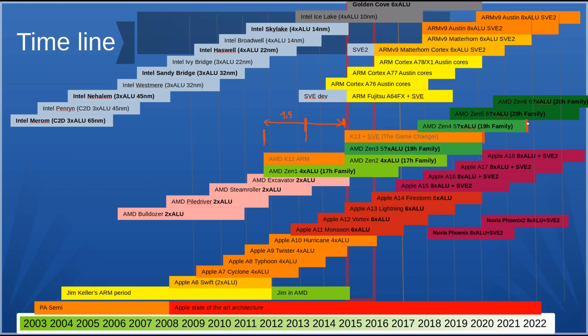So it depends on when the development of Zen 4 started. Actually, it might have happened probably at the beginning of last year, so almost 2017. So actually Zen 4 might come quite early after Zen 3, because Zen 3 looks like it's kind of delayed.